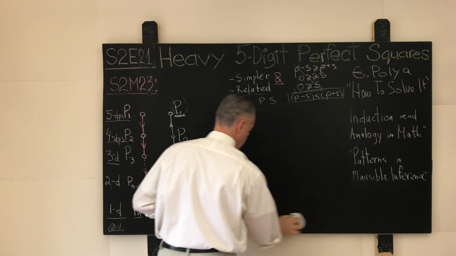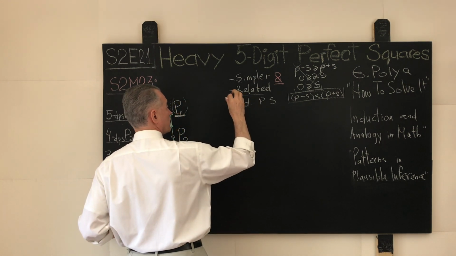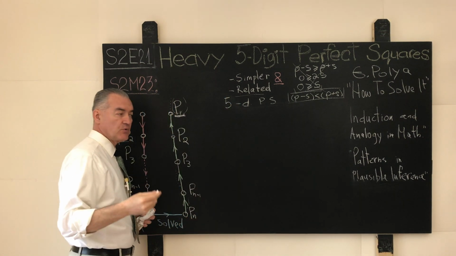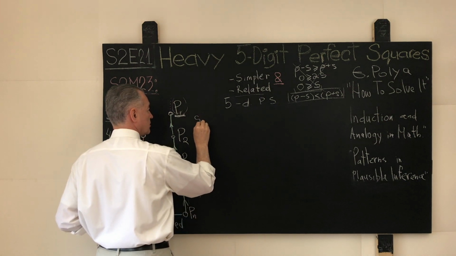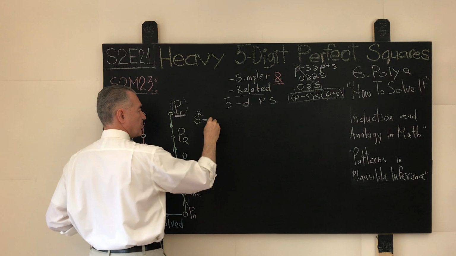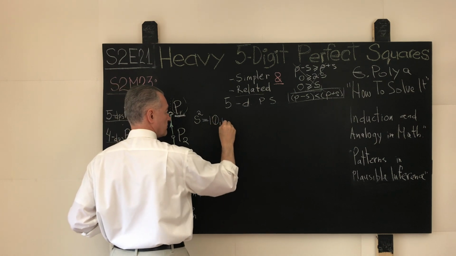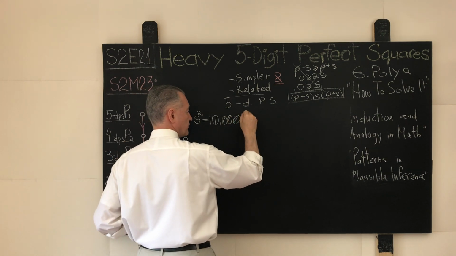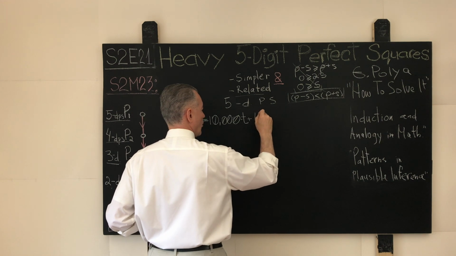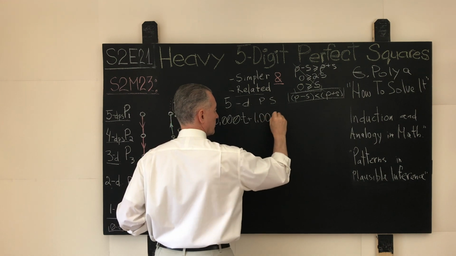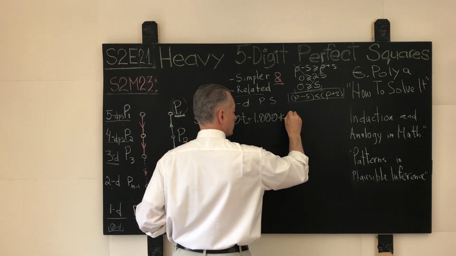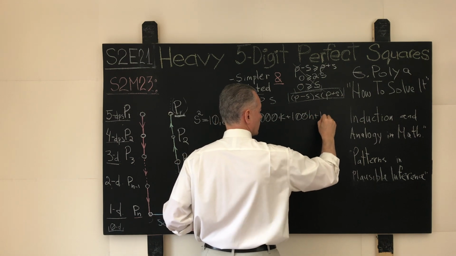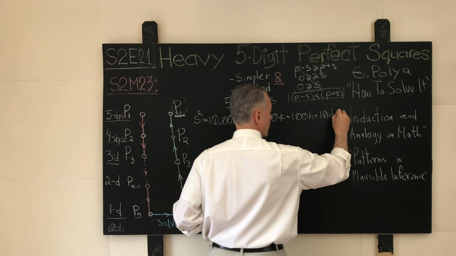Lastly, once we come to the problem with 5-digit perfect squares, then we already cut to the chase. We understand what is going on. We express our original perfect square as the following sum: 10,000 times, let's say, t, plus 1,000 times k plus 100 times h plus 10 times d plus u.